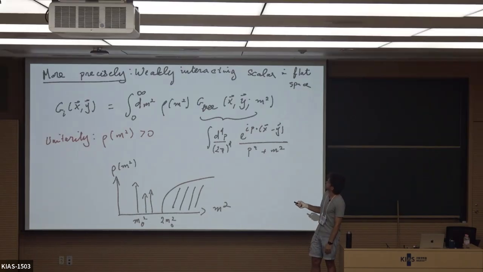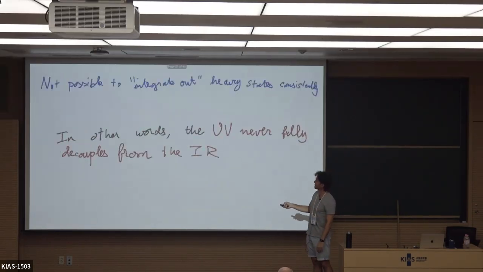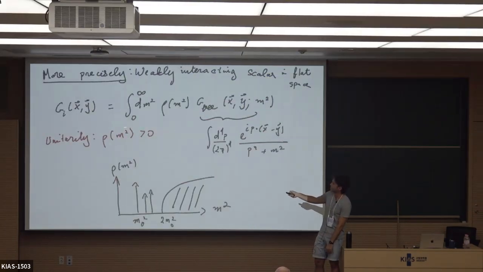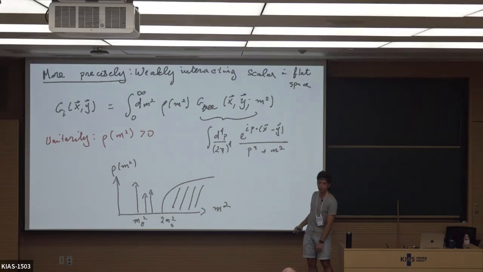I'm going to make a more precise version of the argument, because, of course, I talked about amplitudes. In de Sitter, we don't think about scattering amplitudes, but there's an analogous way to think about the non-existence of such a diagram in de Sitter from the perspective of a correlation function. In an interacting theory, I can always write my correlation function as a density integrated over a free correlation function where I integrate over the mass.